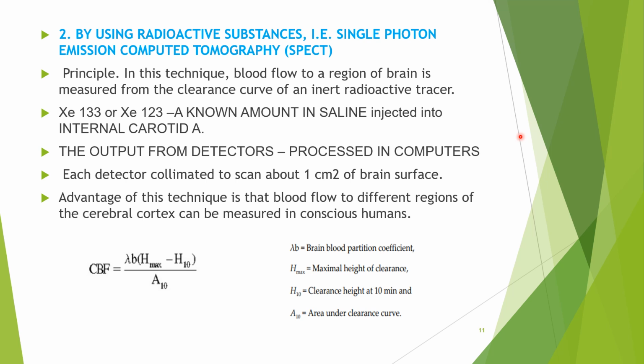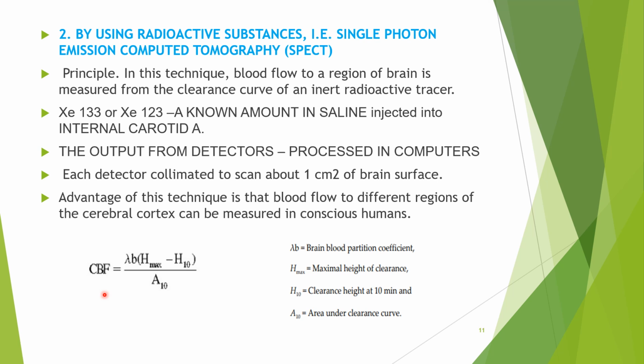So now how to calculate the CBF from this? CBF, cerebral blood flow, is equal to lambda B multiplied with H max minus H10, the whole thing divided by A10. Lambda B is the brain blood partition coefficient.